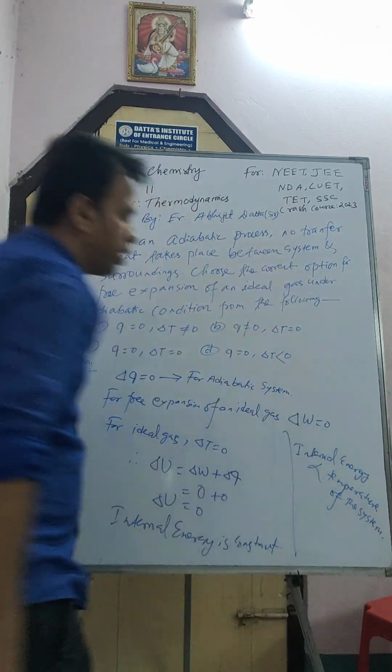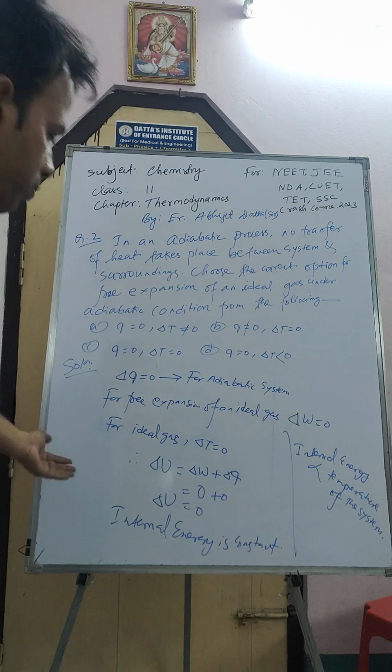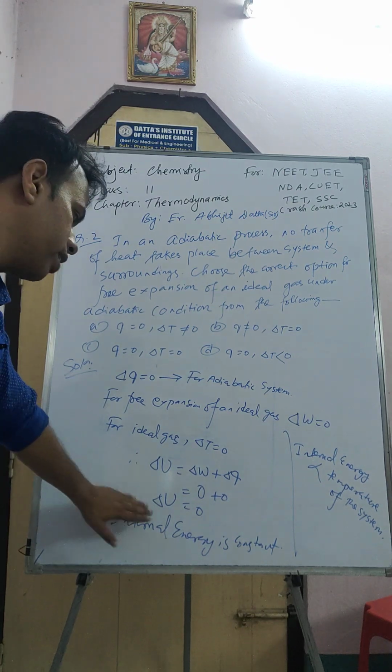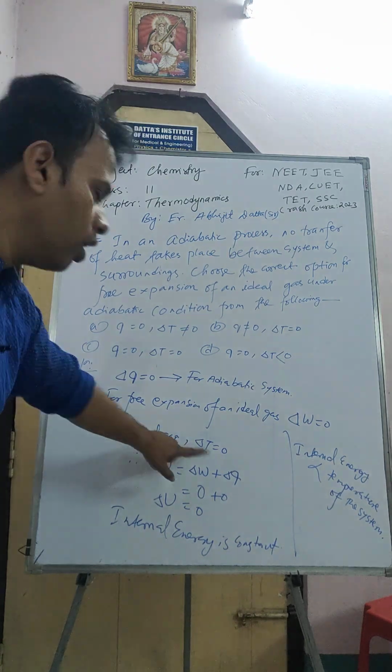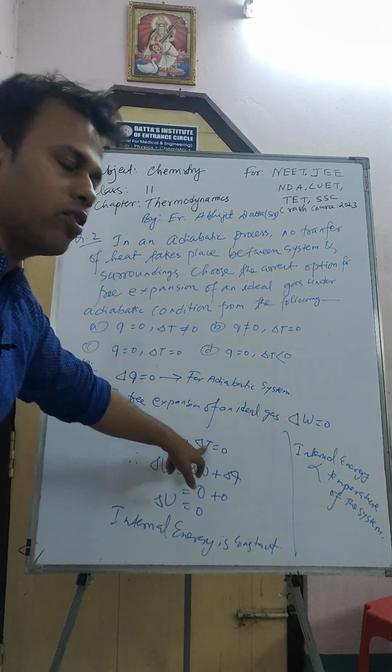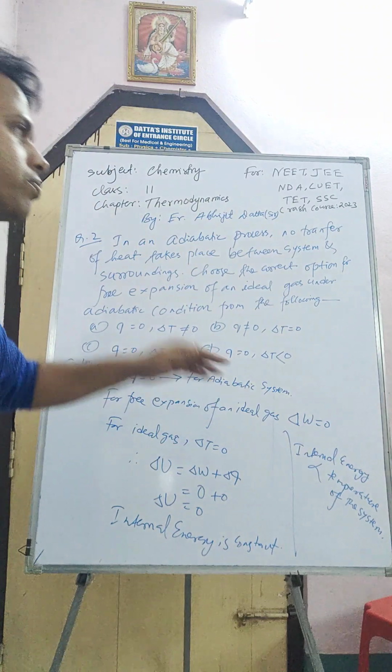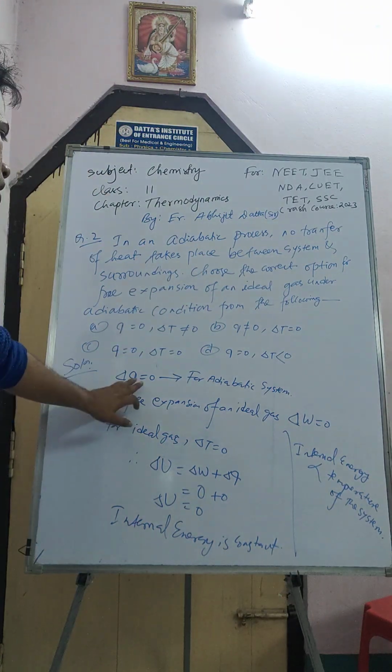So internal energy is constant. From that we can say if del U equal to 0, then del T equal to 0, okay? Or for an ideal gas, change in temperature is 0.